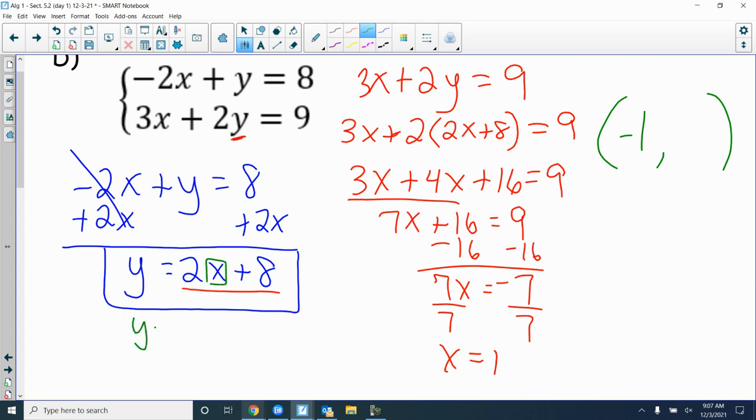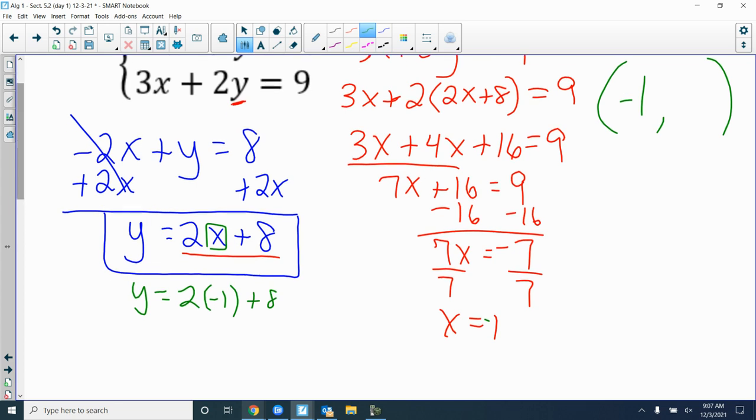So y equals, instead of 2 times x, it's 2 times what? Oh, that should be negative 1, right? Yep. 2 times negative 1 plus 8. Okay? Juan, what do you do, brother? What do you got? Okay, keep going.